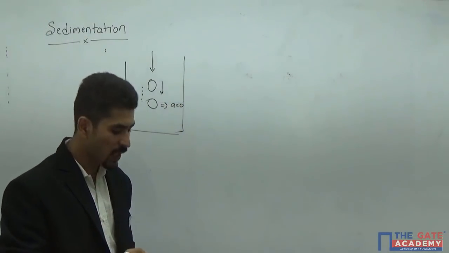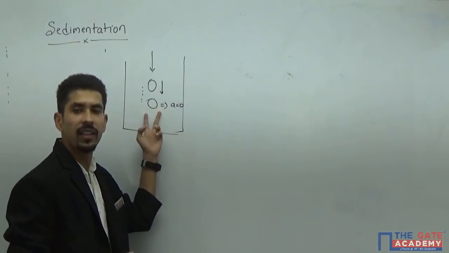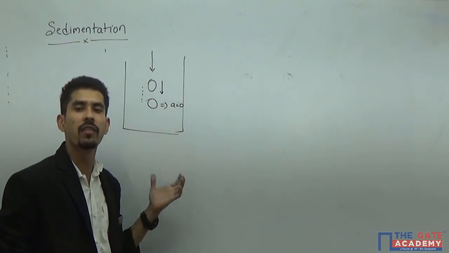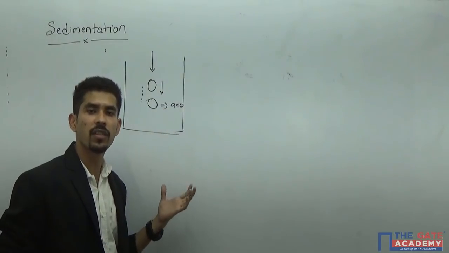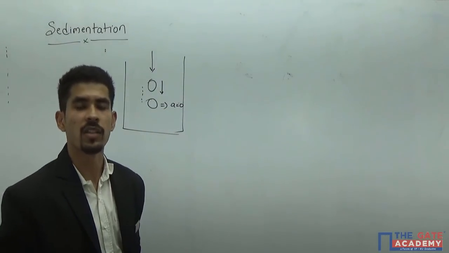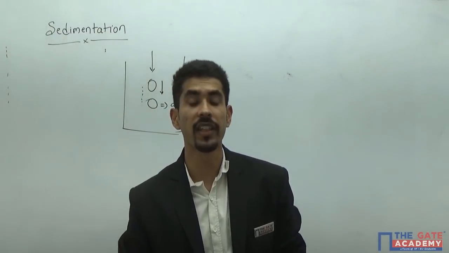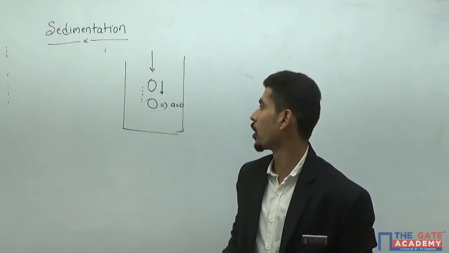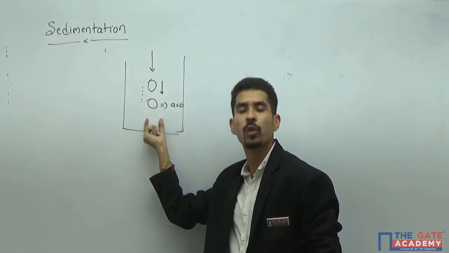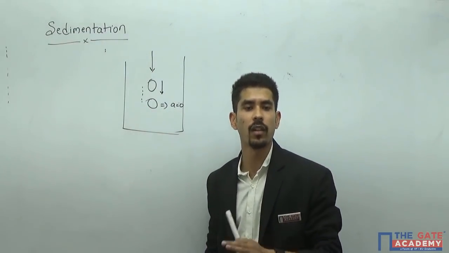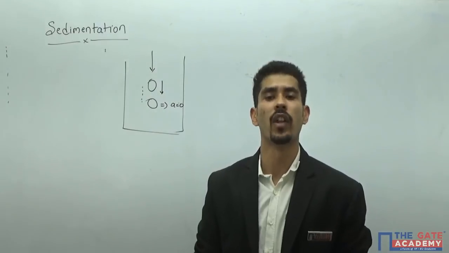If acceleration becomes zero, this particle starts moving with a constant velocity. That velocity is known as settling velocity.